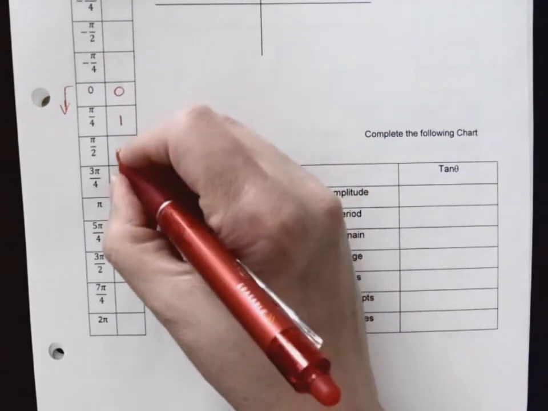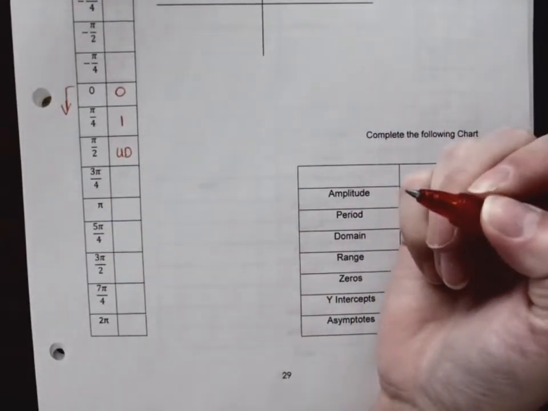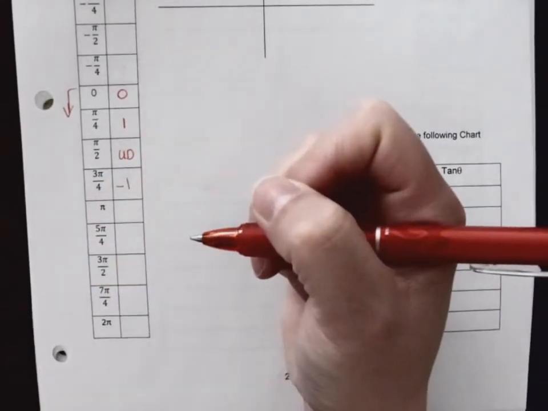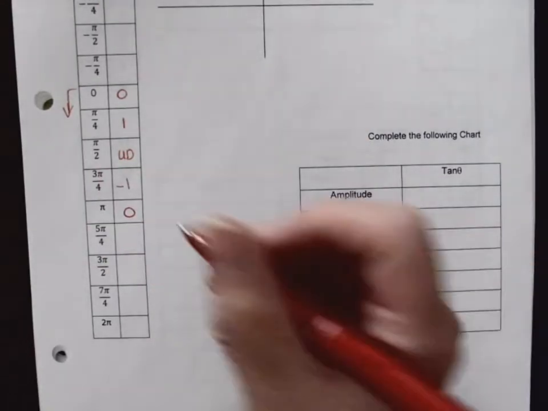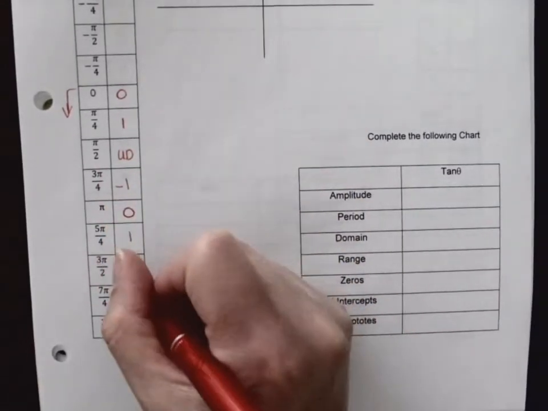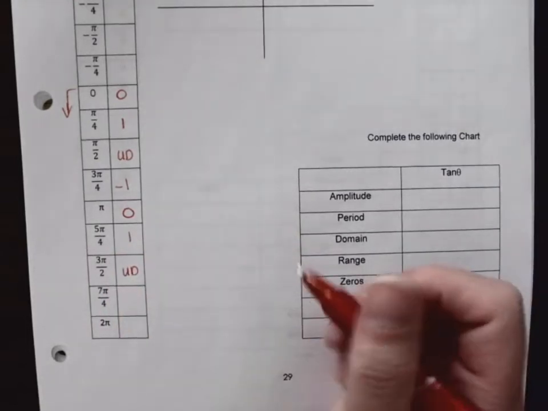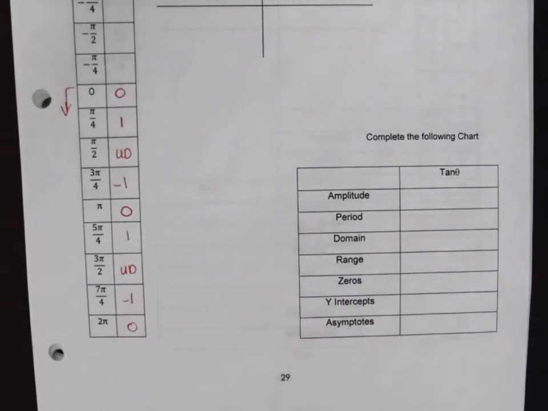Pi over 2: undefined. 3 pi over 4: negative 1. Pi: 0. 5 pi over 4: positive 1. 3 pi over 2: undefined. 7 pi over 4: negative 1. And 2 pi: 0.